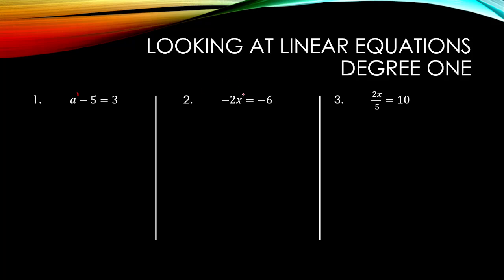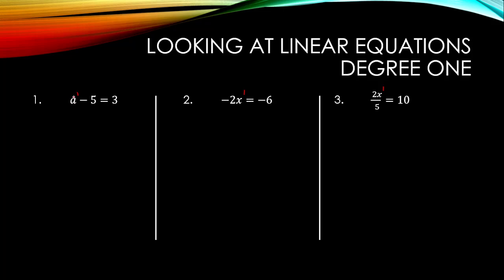My highest exponent is 1, my highest exponent is 1, my highest exponent is 1. When I see that my highest exponent is 1 across the board, I'm working with a degree 1 equation. Now with a degree 1 equation, it's important to know to keep your letters on the left and your numbers on the right. So let's see how we can approach these and go from there.